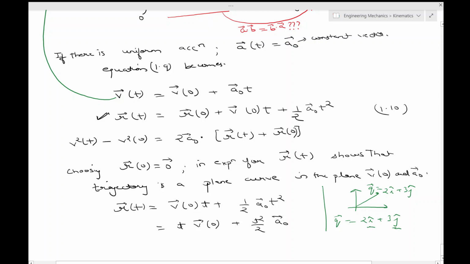Similarly, r is a vector in the plane of v naught and a naught, just like this vector q is lying in the plane of i and j. It is being written in terms of these two vectors. So that's the meaning of this: the trajectory is a plane curve in the plane of v of 0 and a of 0.